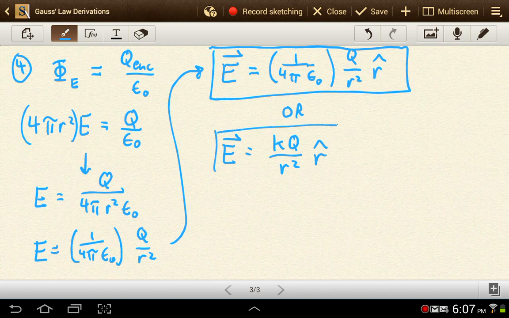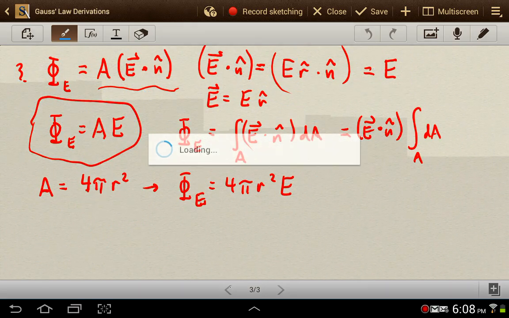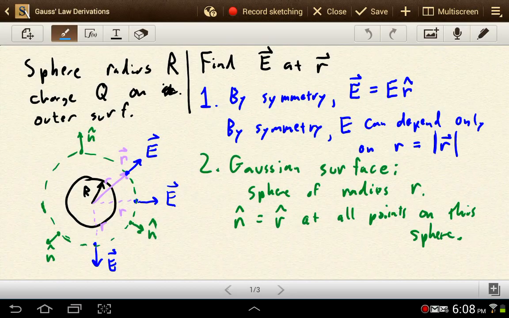And wait, there was an assumption I made here. The way I drew this, my Gaussian sphere with radius little r is bigger than the charged sphere. Because the Gaussian sphere is bigger, it contains the charge capital Q, which is on the outer surface of this solid sphere.